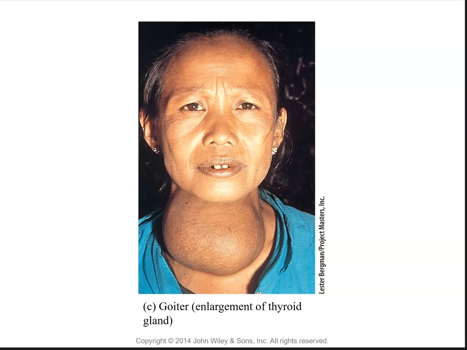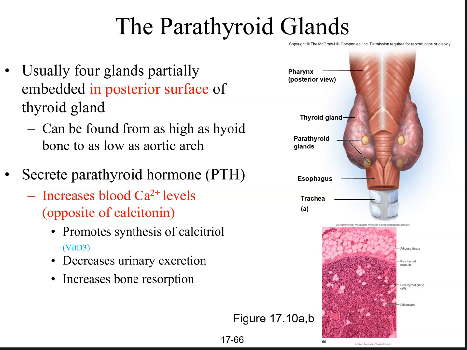So the other glands that are present behind the thyroid gland are called parathyroid glands. The parathyroid glands are pea-sized glands behind the thyroid gland. So you have 4 glands partially embedded in the thyroid gland, and the main role of the parathyroid gland is to increase blood calcium levels. So they are the opposite of what calcitonin does. Calcitonin helps in reducing blood calcium, whereas the parathyroid gland increases blood calcium.